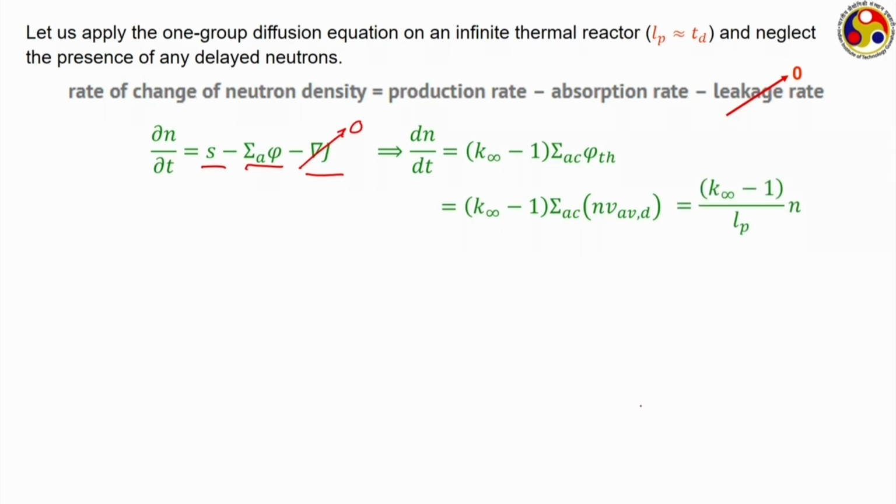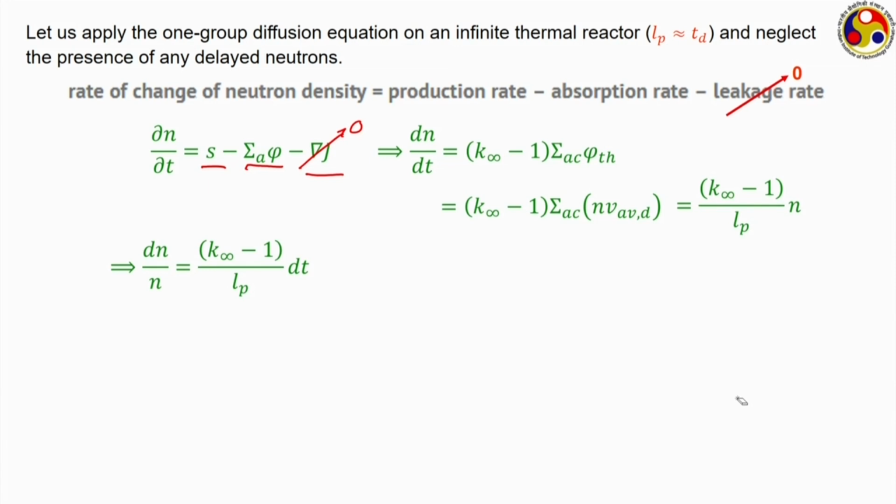Again, from the previous slide we have seen that LP is equal to 1 by the absorption cross section into the average diffusion velocity. Accordingly, this LP term comes into play. That is, our equation reduces to dn/dt equal to (k infinity minus 1)/LP into n.